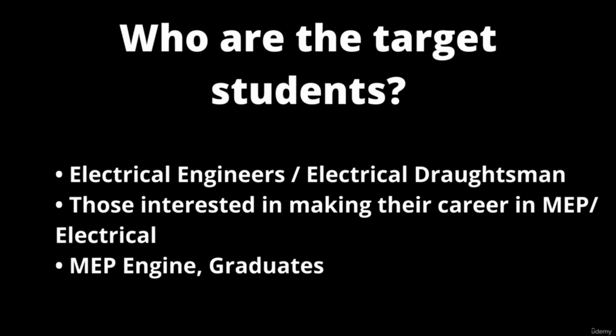That tower may be commercial or residential. For residential and commercial towers, we must understand the electrical power required for that tower or building. MEP engineers, mechanical, electrical and plumbing, are the engineers who must understand the electrical power required for the building.